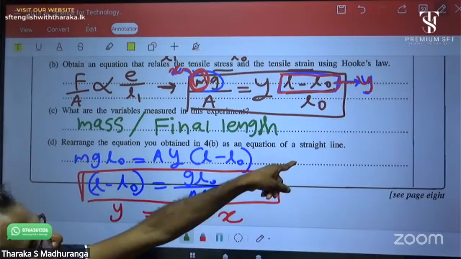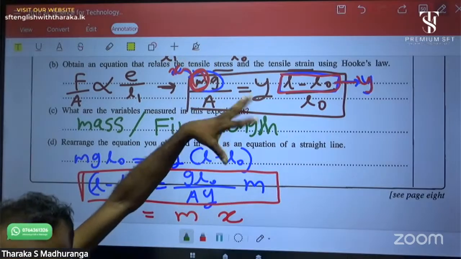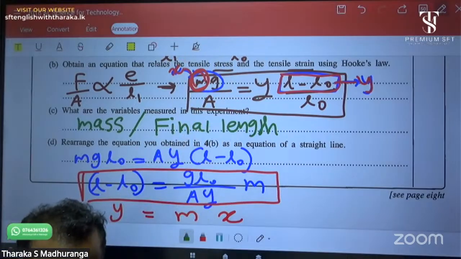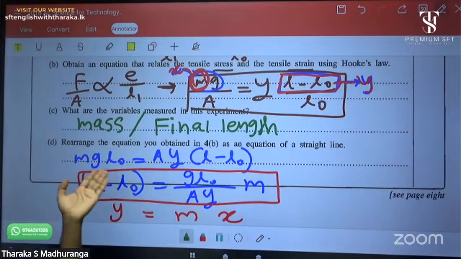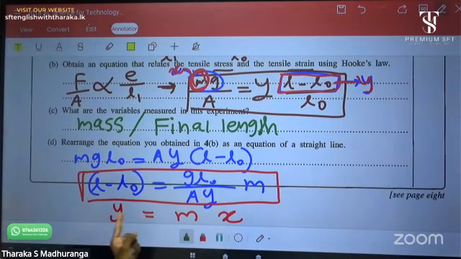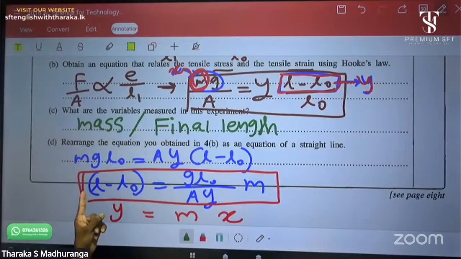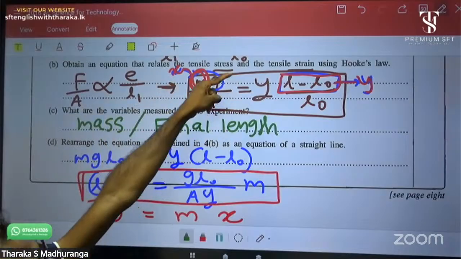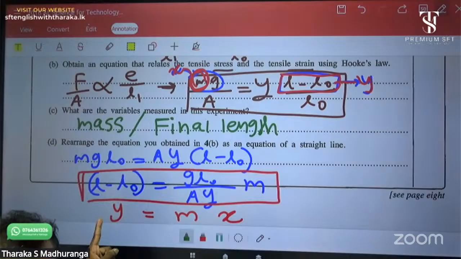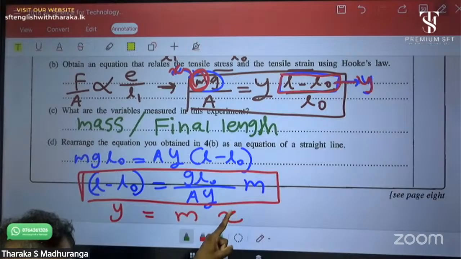Then I cross multiply to get some relationship, and this is the equation. Now according to y equals mx, L minus L naught is y, and x is the mass. Now okay.